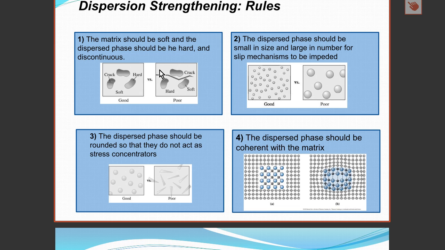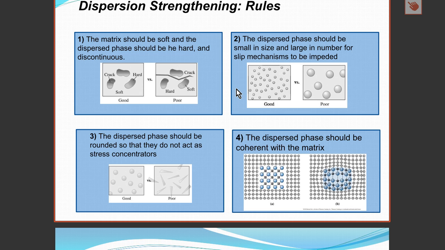We don't want the matrix to be the hard material, as then a crack can propagate through it, and this results in a material that is brittle. Hard precipitates result in strengthening, and we can see here an example of how a crack is prevented from propagating because of a ductile matrix.